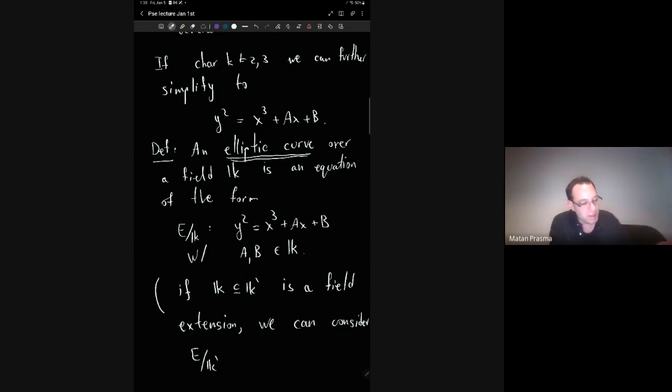And the reason is that, again, we are interested in the solution set, and the solution set of this equation over K prime will typically be different than the solution set over K. Namely, because K prime has more points, there will be an inclusion.